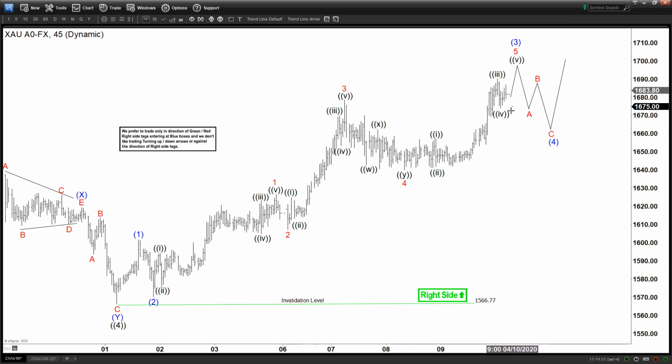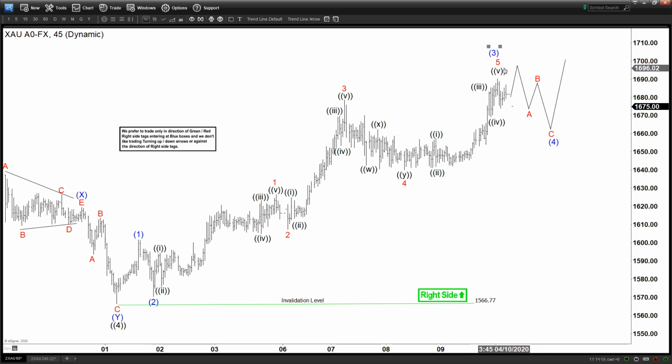Any pullback is likely going to find support in the 3-7-11 swing for more upside. Talking about probability, I think the probability is still extending higher. The alternate that could possibly happen, in which it doesn't play out exactly like the chart is showing, is what I explained: that we might be already in the wave 4 in blue.